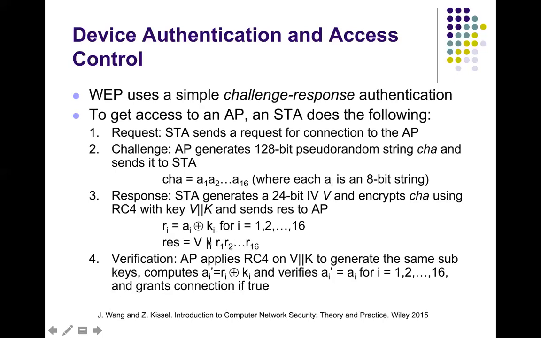Each of these R_i is A sub i from the challenge string, exclusive-or K_i. K_i is the ith bit of the WEP key, where i is from 1 to 16.